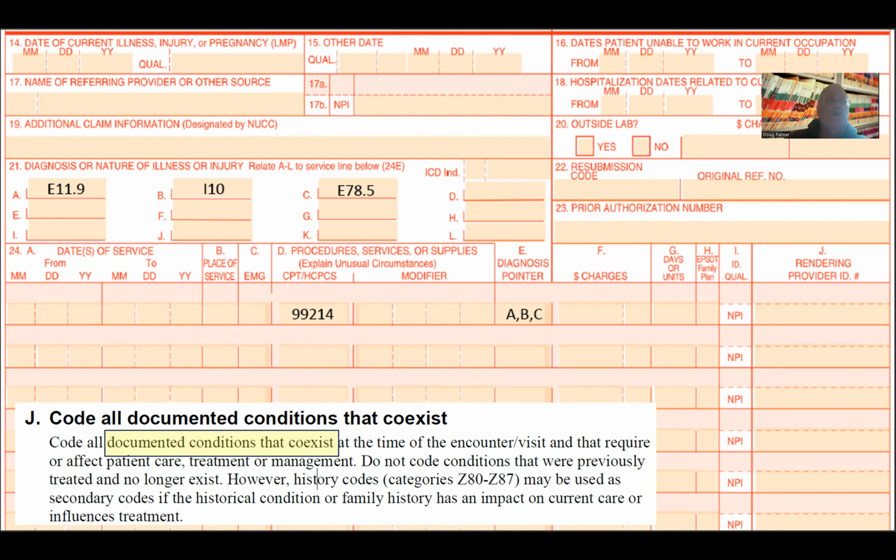But everything documented in the record should be in box 21, and with the diagnosis pointer, there should be nothing in box 21 that is not accounted for in column E. It shouldn't happen, and everything documented in the encounter should be in box 21. Now, there's a question that might come up that says, well, what if there's more than 12 diagnoses?